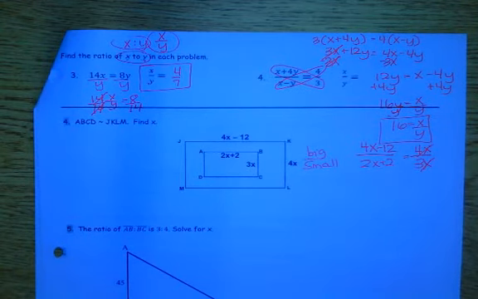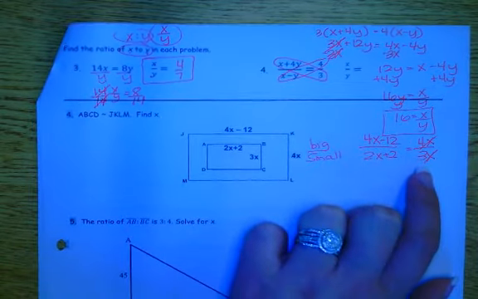Remember, if it's easier, reduce your fractions before you cross multiply. In this case, you can cross out an x because 4 times x over 3 times x, that cancels.